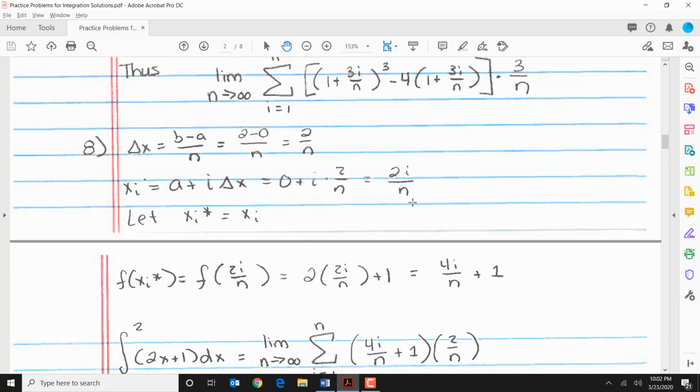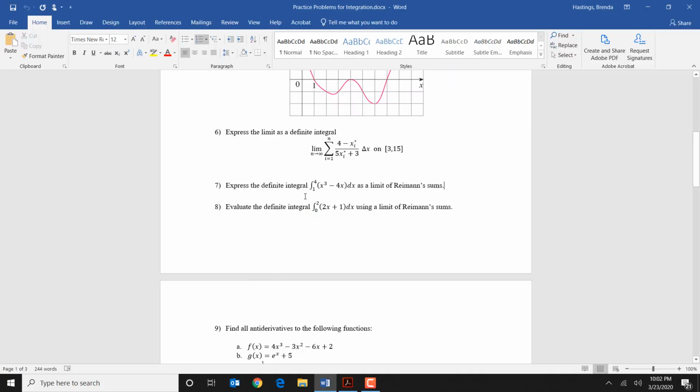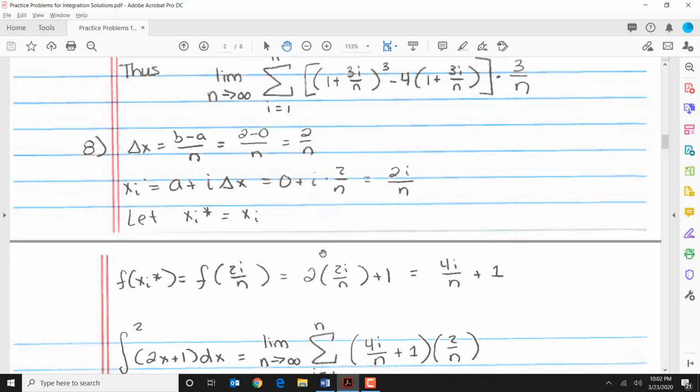Again, choosing the right endpoint typically is a little bit easier, so I'm going to let xi star be xi. So then my height will be f of xi star, which will be f evaluated at 2i over n, which, if you look at f, it's 2 times your input plus 1, so 2 times 2i over n plus 1, which gives me 4i over n plus 1.